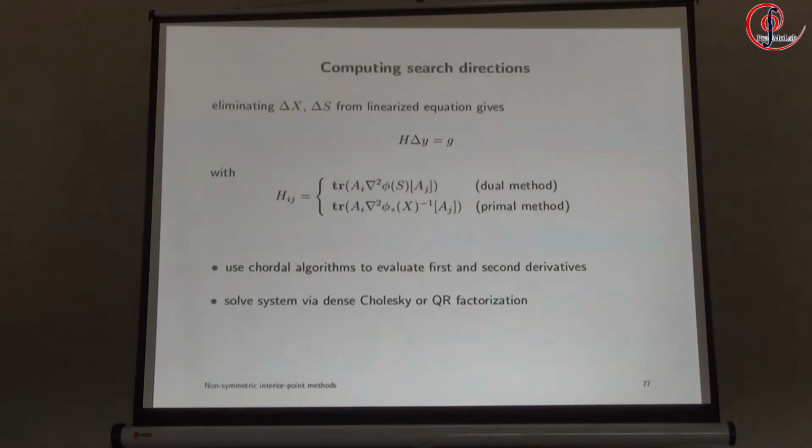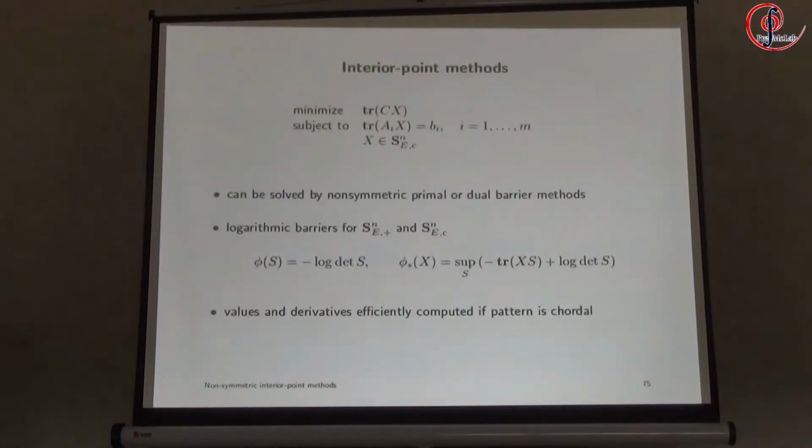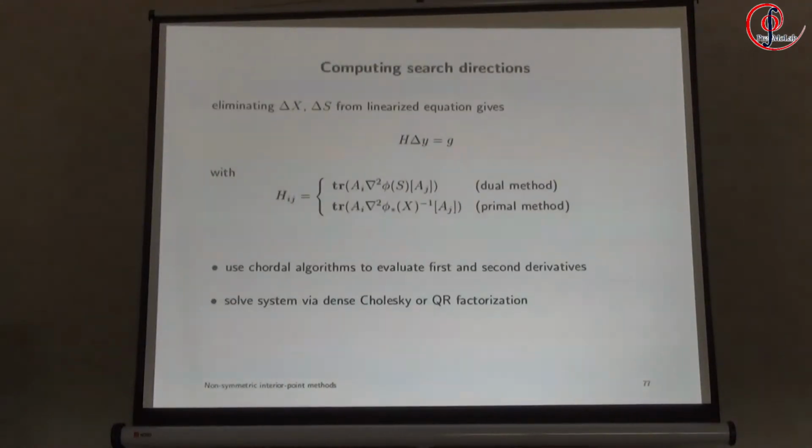Actually forming the Newton system is often more expensive than solving it. In this notation, the Newton system you have to solve at each iteration is an equation of this form, with h defined this way or this way, depending on whether you use the dual or the primal method.